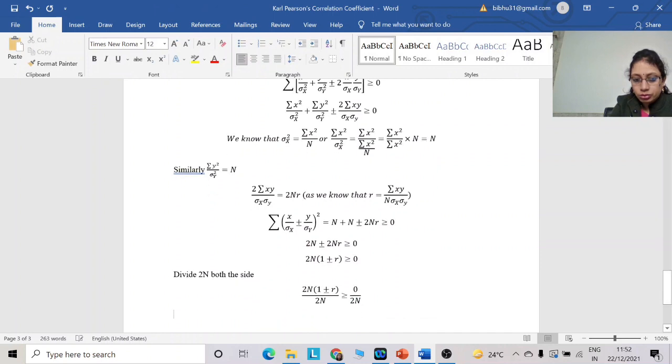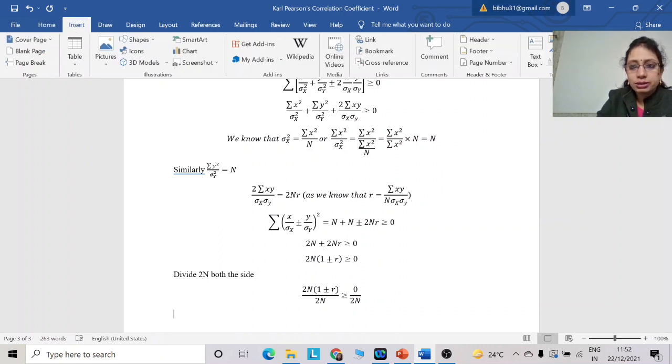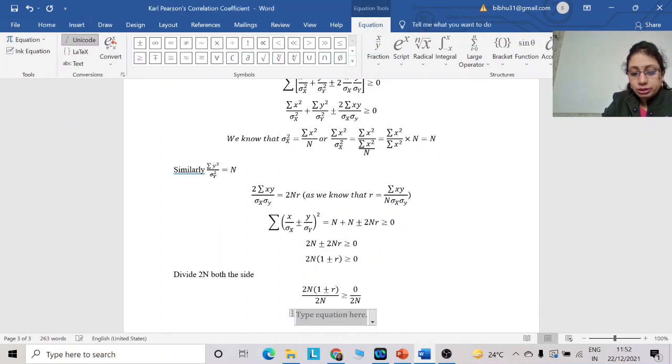So next, what remains is 1 plus minus r greater than or equal to 0. So we can write now 1 plus minus r is greater than or equal to 0.